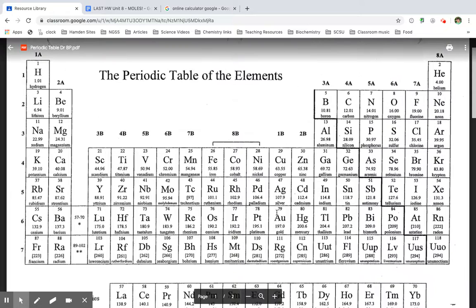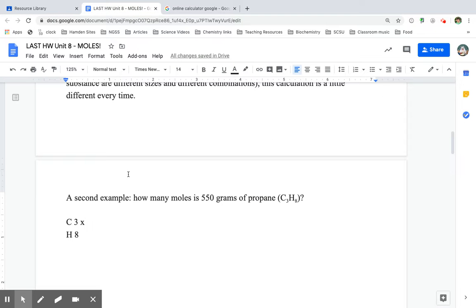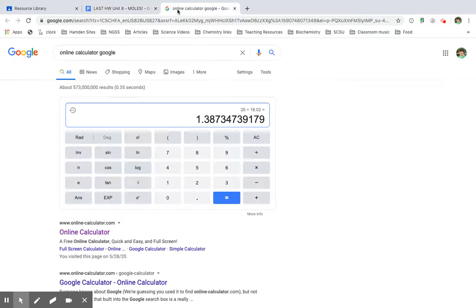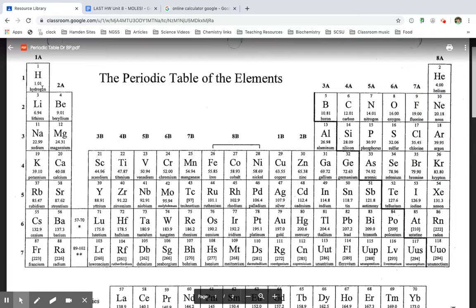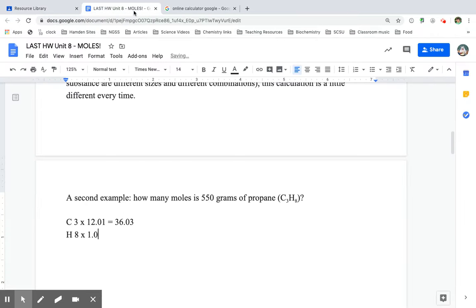Carbon was 12.01. So 3 times 12.01 equals 36.03. And H, there were 8 of them, times hydrogen is 1.01, equals 8.08.